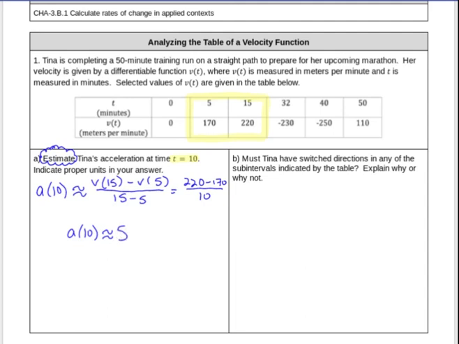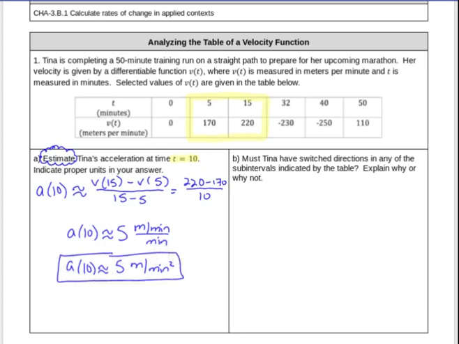Well, the velocity was in meters per minute, and then time is in minutes. So we would have meters per minute per minute, or you could say 5 meters per minute squared. Either one would be fine. But this is our approximation for the acceleration at 10.